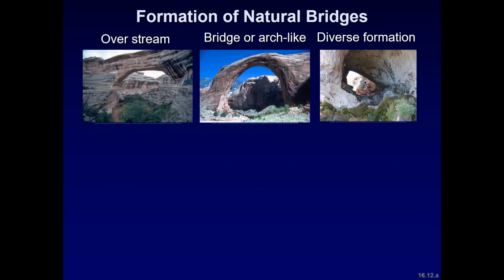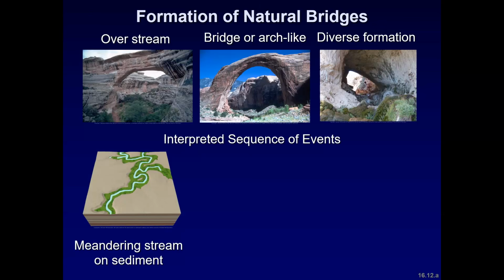These are all images of what we can call a natural bridge. Okay, and they can be over a stream, they can be bridge or arch-like, and they can have, I don't know, something we can't describe so easily. We'll just call that a diverse formation. So natural bridges form in canyons, usually with a curved aspect.